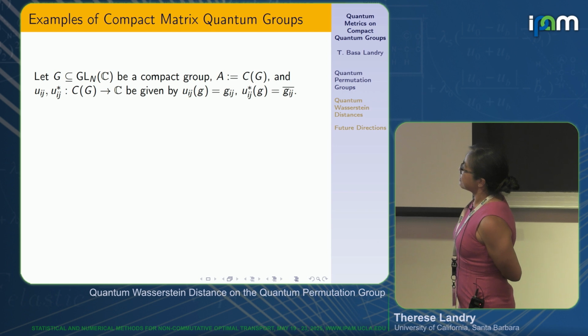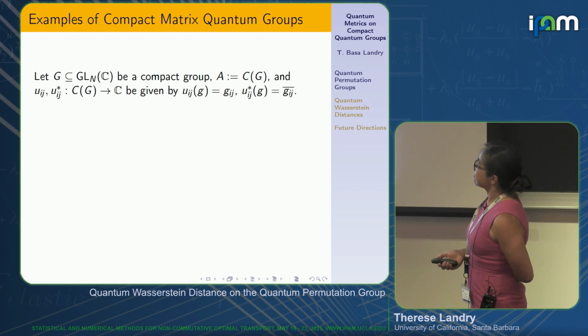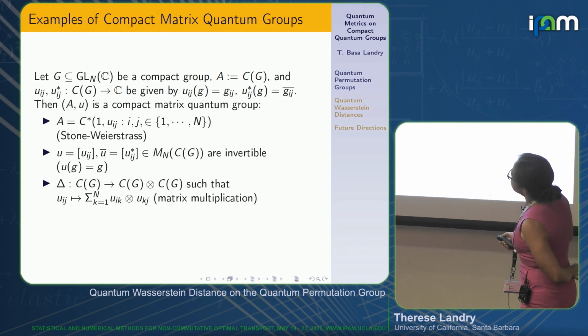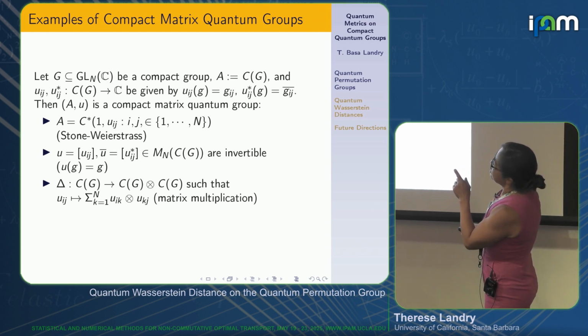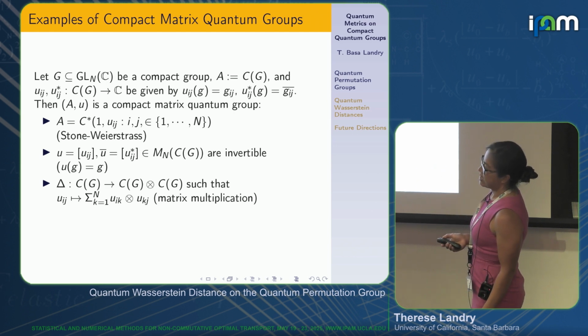And the way to see this is that we can take as our unital C-star algebra the continuous functions on the compact group, and we can take as the generators the functions that take each of the matrices in this compact matrix group and just spit out the ith, jth entry.